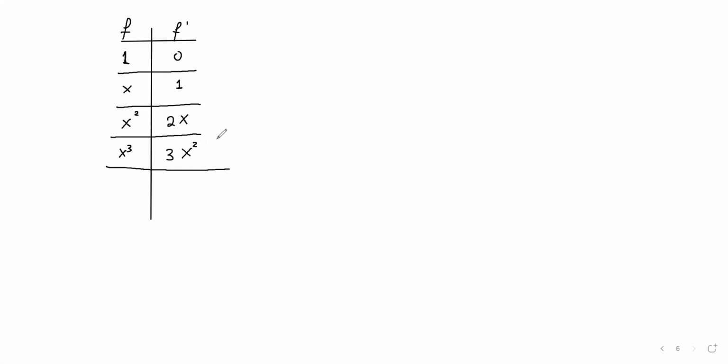And then you can continue, and you can do the calculation for x to the 4, and when f is x to the 4, the derivative will turn out to be 4x cubed. And right now, I think you can actually notice a pattern that if I keep going on like that with the f's, and I look here on the right side, what I'm going to get is that the derivative of x to the n, where I put a random n, and I calculate the derivative like that, I write a prime sign.